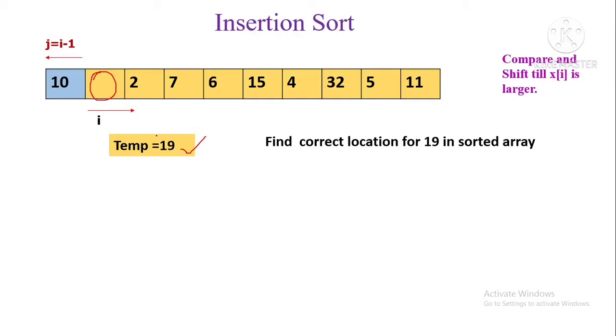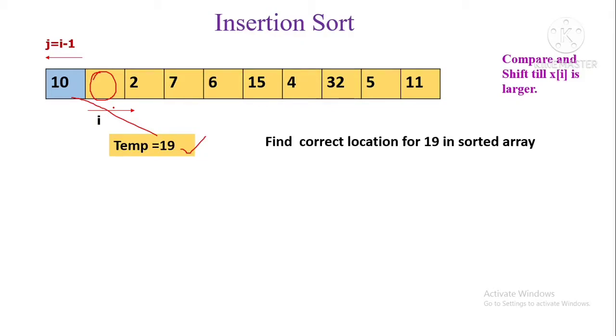19 is compared with 10, because only one element is there. Since 19 is a larger value than 10, I don't need to find a position, because 10 and 19 are already in sorted order.